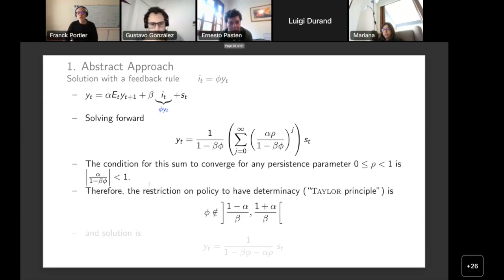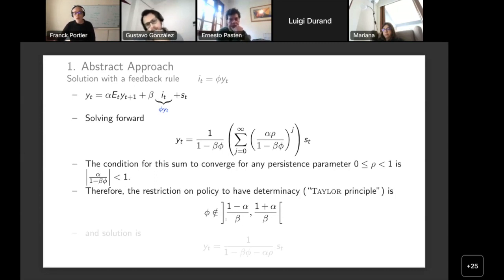To put it differently, the restriction on policy imposed by the requirement for determinacy would be the Taylor principle in the New Keynesian model. Phi should not be too small, it should not be in that interval. There's no particular interpretation of it, it's just a restriction on policies.